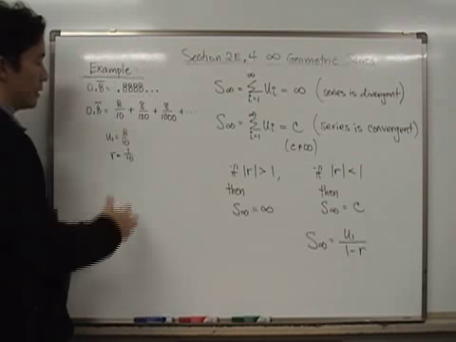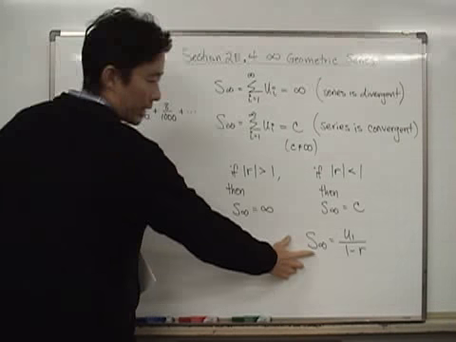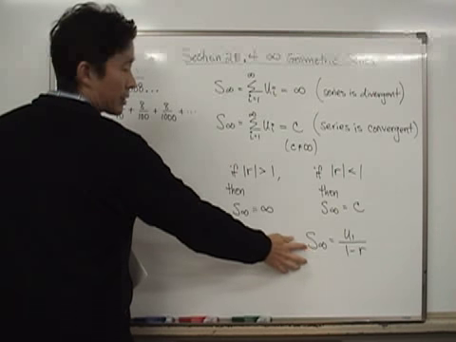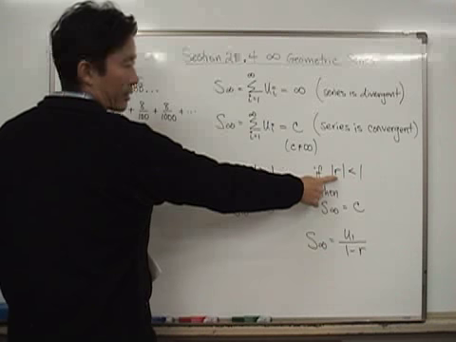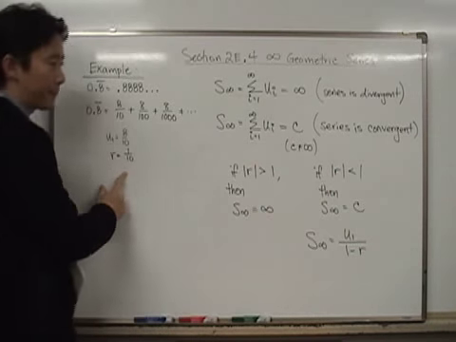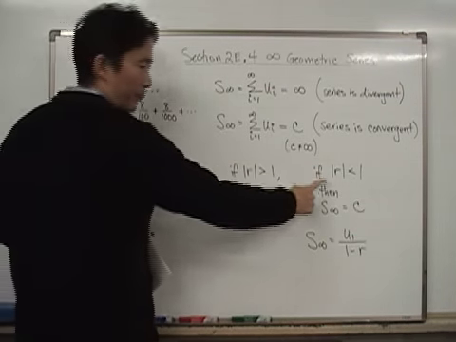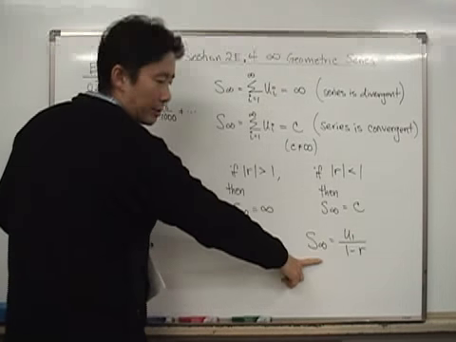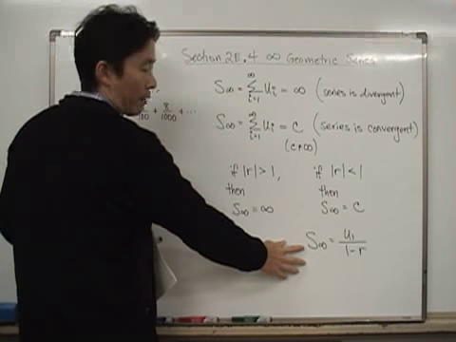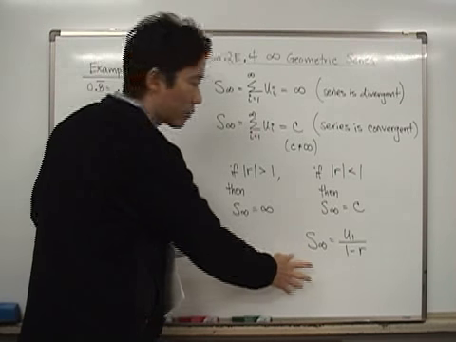If we have these two pieces of information, I can evaluate the infinite geometric series because the absolute value of r, which in this case is 1 over 10, is less than 1. Since this is true, I can use this formula to determine what this infinite series is equal to.